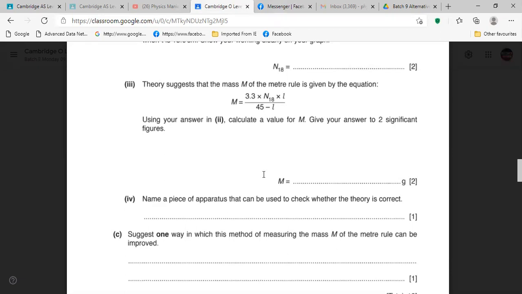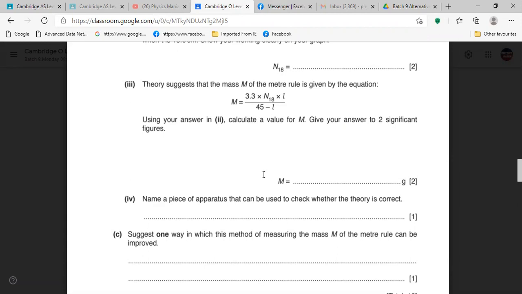Name a piece of apparatus that can be used to check whether the theory is correct. Which apparatus will you use now? Like the value you got, you can verify it using an apparatus.